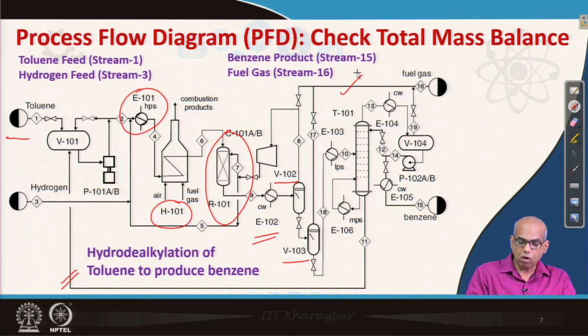Now, the liquid stream from V103 is sent to the distillation column, where the liquid mixture is separated. The lighter component is benzene, taken from the top of the distillation column, cooled using E104, and then stored.